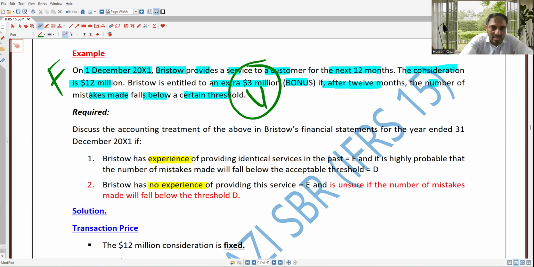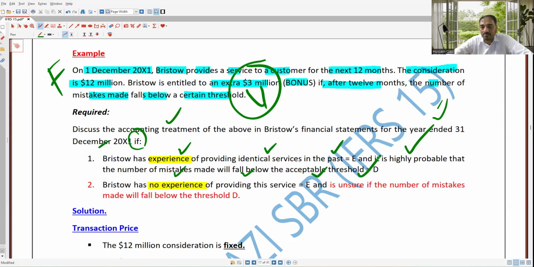Now discuss the accounting treatment of the above in Bristow's financial statements for the year end 31st December X1. If Bristow's experience, now this is about some indicators, either incorporate the bonus yes or no. Bristow's experience is to provide an identical service in the past and it is highly probable that the number of mistakes made will fall below the acceptable threshold.